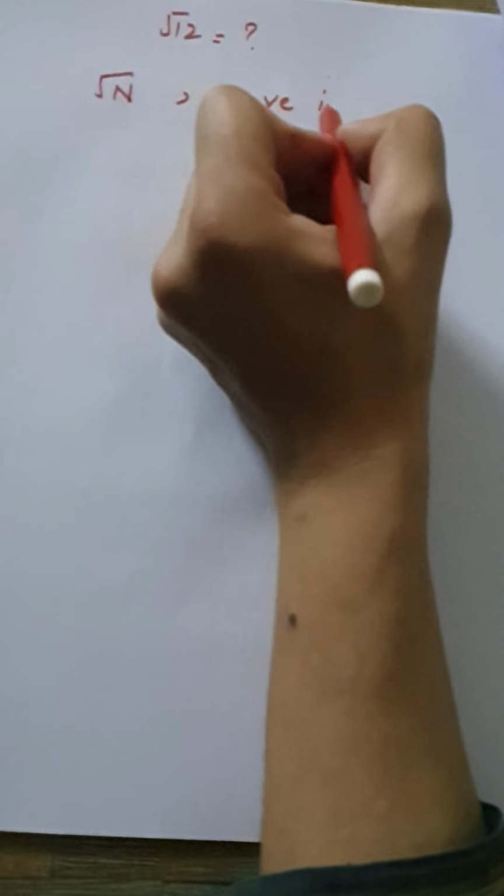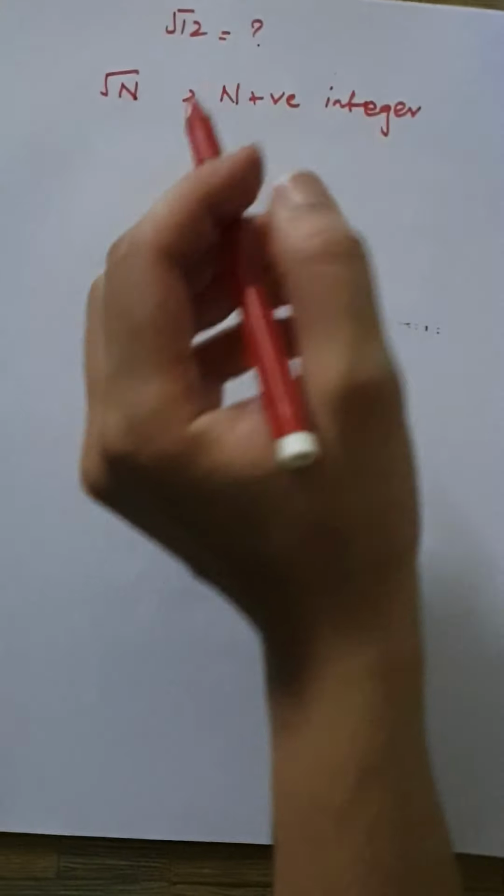Okay, so the procedure is, let's suppose that we have to find an iterative formula to find the square root of n, where n is a positive integer, and hence we will find the value of the square root of 12 in this example.